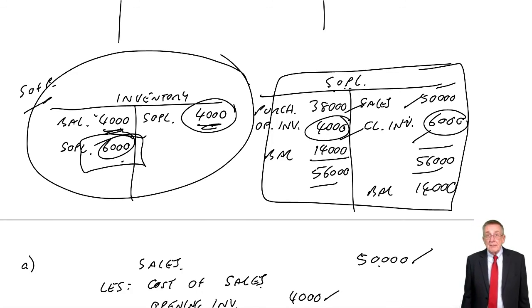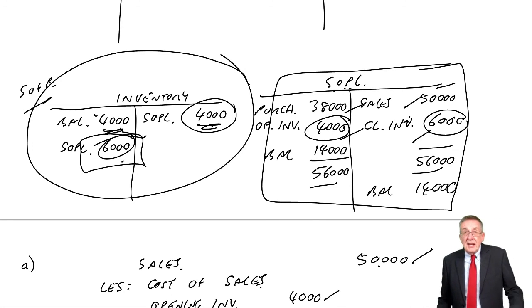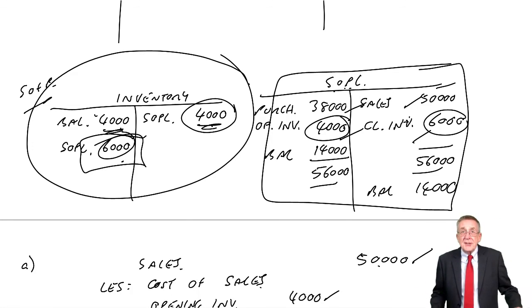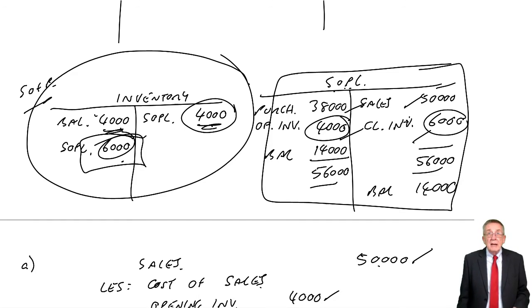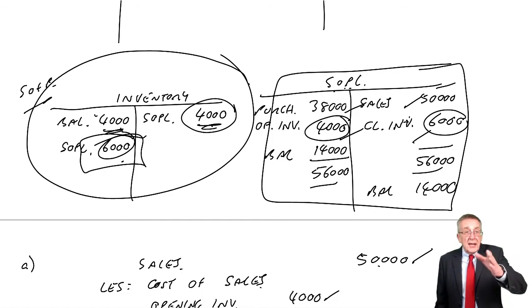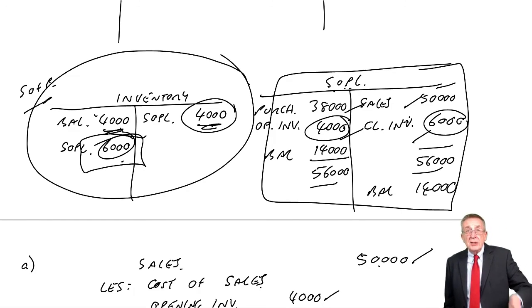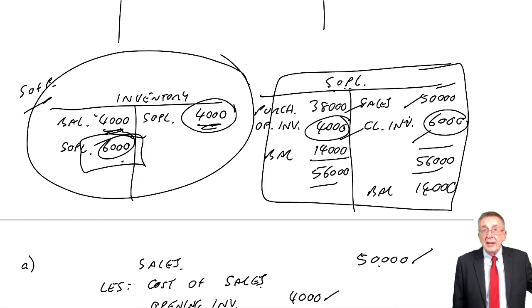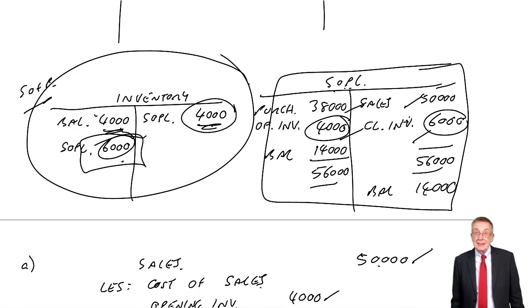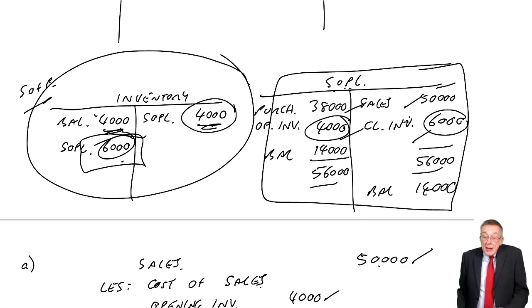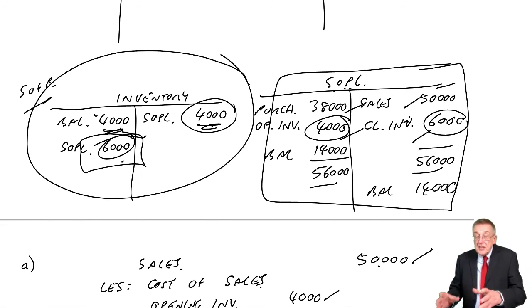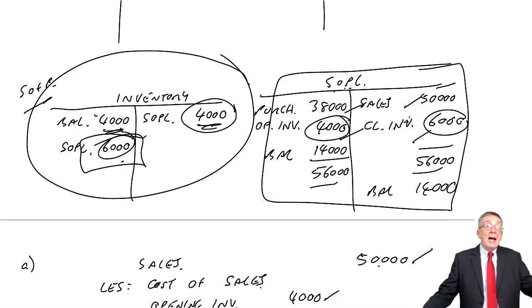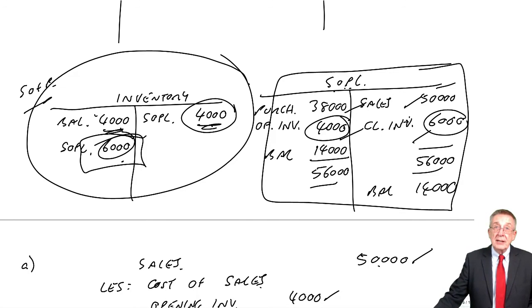Physically count it. If I'm a company buying and selling desks, at the end of the year, we'll send people to go around and count. How many desks are there in inventory? 1, 2, 3, 4, 5. We'll count and find out. And then we need to put a value on the inventory. We count it, we value it, and we say, it's 6,000, do the entry.